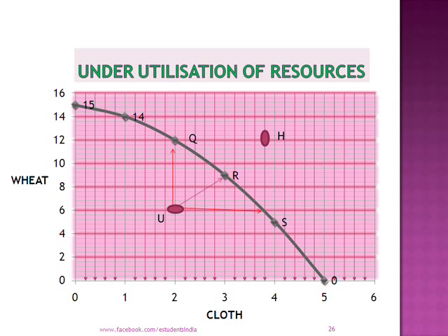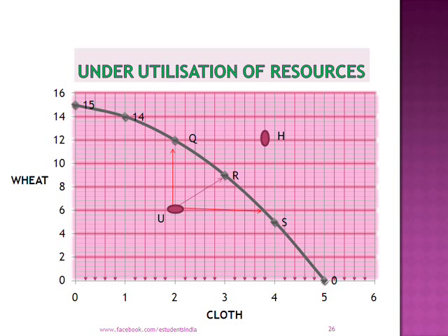However, during those periods when the economy is not fully utilizing its resources or not using them most efficiently, the output combination of two products can lie below the economy's production possibility frontier, such as at U. Then the economy can produce more of both the goods, R, or more of either of the two goods, Q or S, by putting idle resources to work.